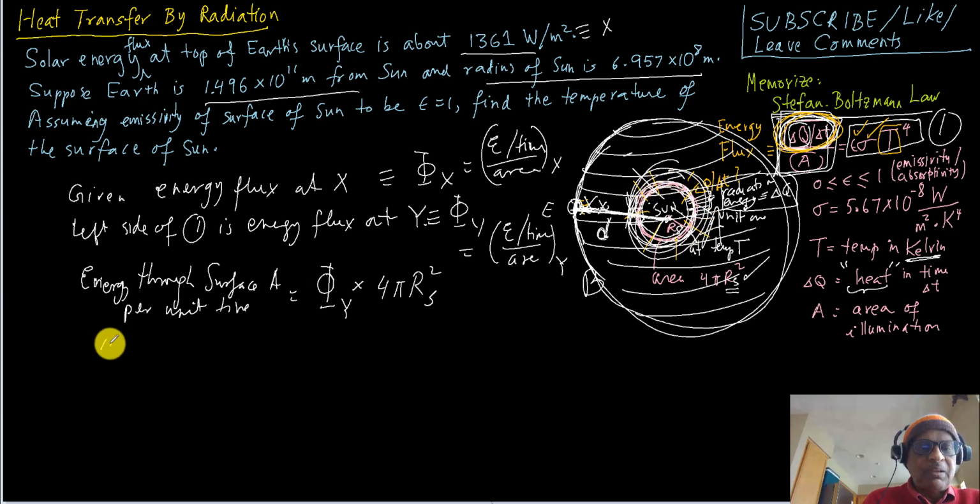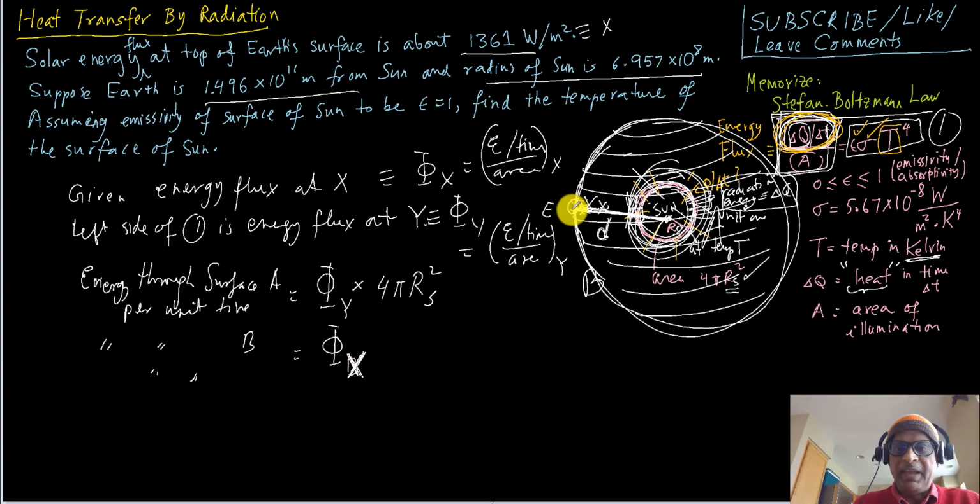And then surface B per unit time will be phi at x, we're calling it point x, times 4 pi, the distance between Earth and Sun squared.